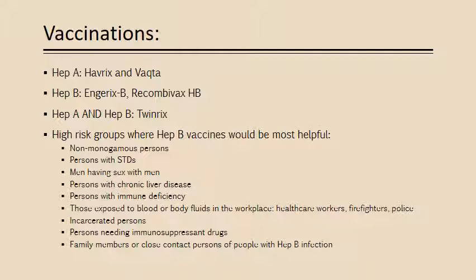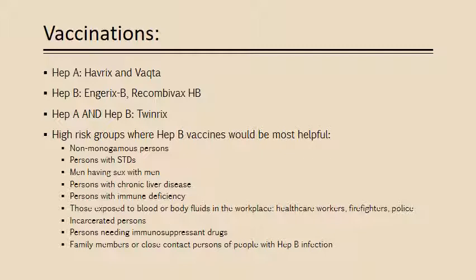High-risk groups where hepatitis B vaccines would be most helpful are listed here, and that's non-monogamous persons, persons with STDs, men having sex with men. Why not women having sex with women, you may ask? Well, think about the process and realize who has a greater risk of infection due to abrasions and entry into skin areas.